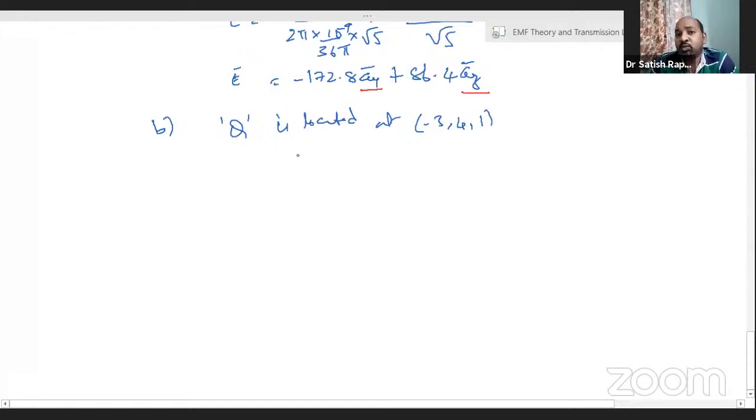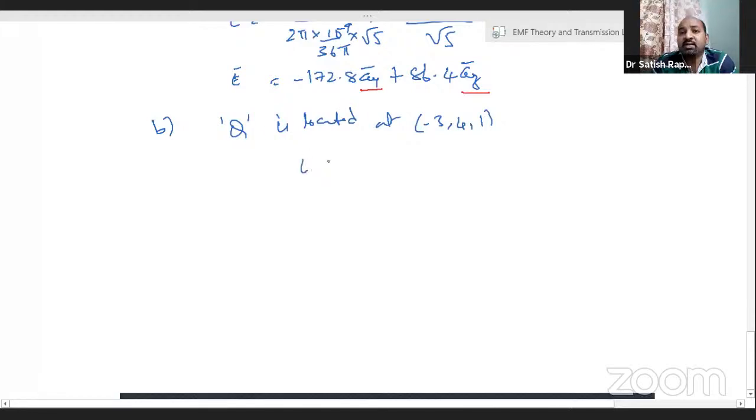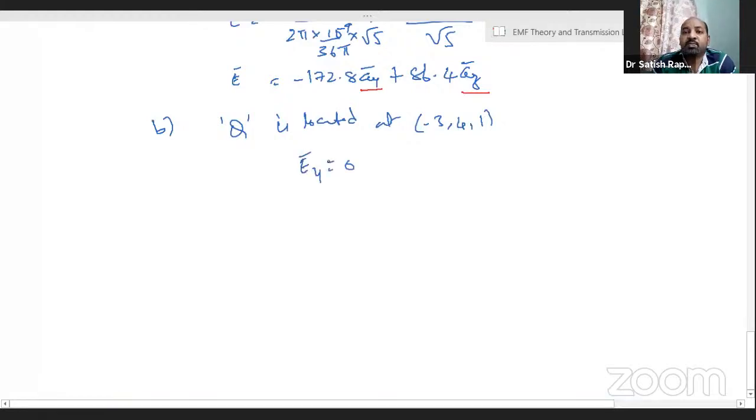What point charge Q is to be located at (-3, 4, 1) to cause the total E_y to be equal to 0, right?